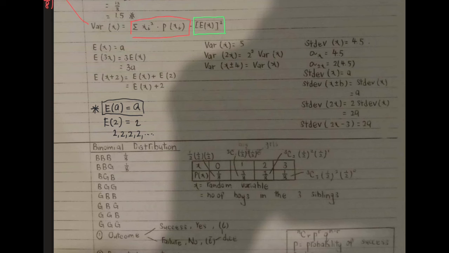You may be wondering where it has gone. It is supposed to be like this: variance of x plus 4 is variance of x plus variance of 4. I will tell you what happened to variance of 4 later. Variance of x minus 4 is actually variance of x plus negative 1 times 4.